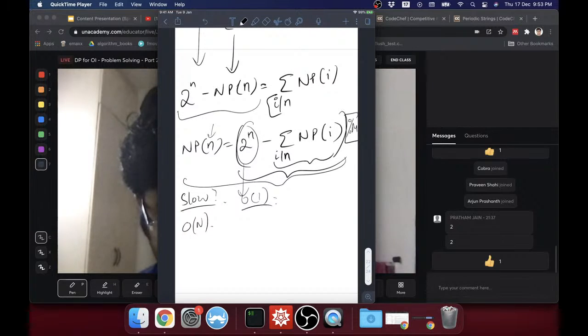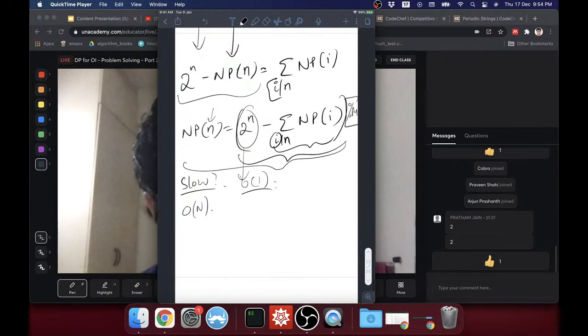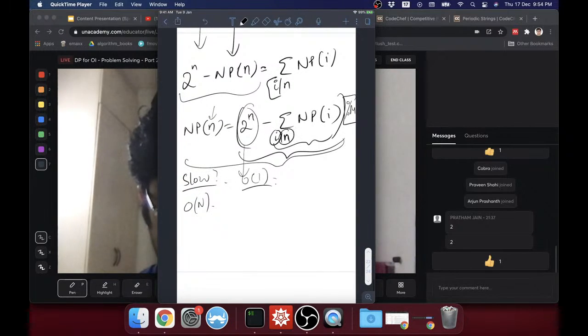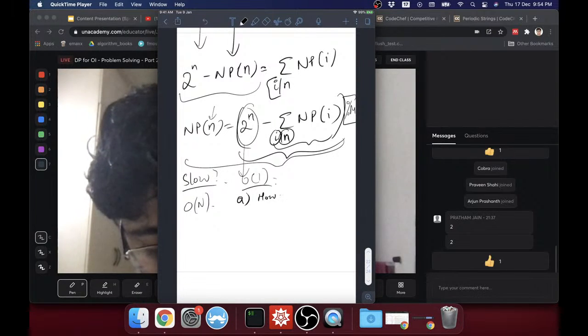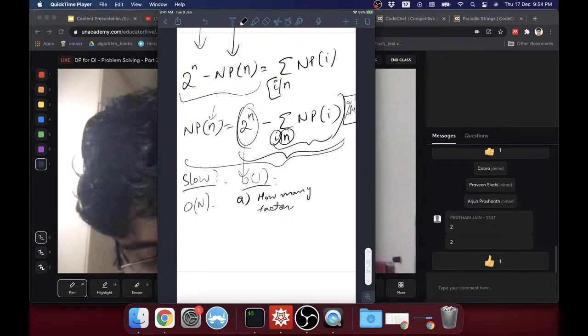And what you are summing over is all the factors of n. How many factors of n will you have? So the question is, how many factors does n have?